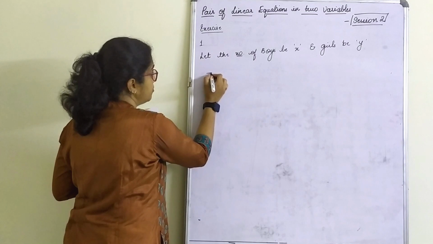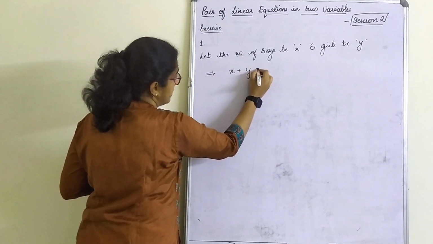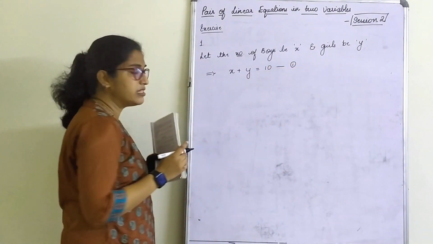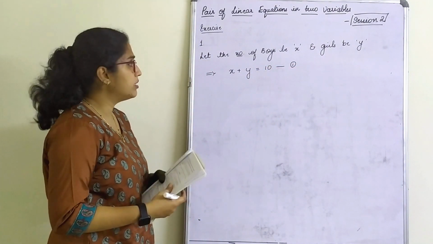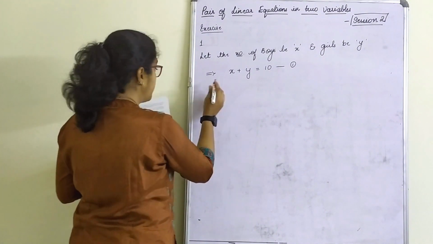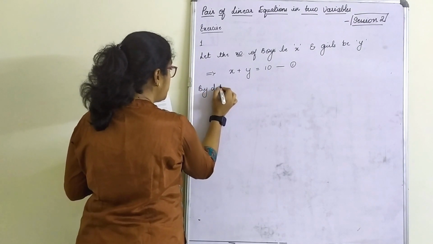Okay. So total how many students are there in the class? 10. So we can just say by the first one, X plus Y is equal to 10. Equation 1. Why? Because total number is 10. So number of girls plus number of boys is 10. We framed equation 1. Next, just see my data what they have given.